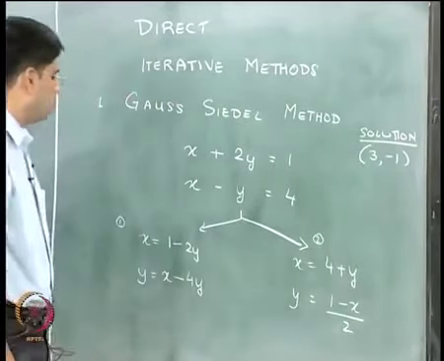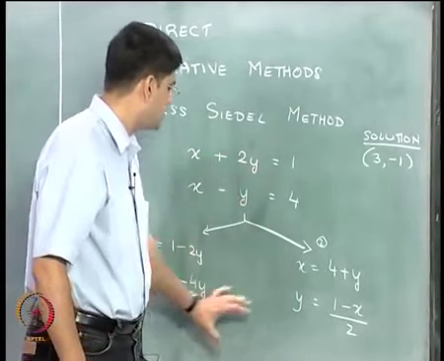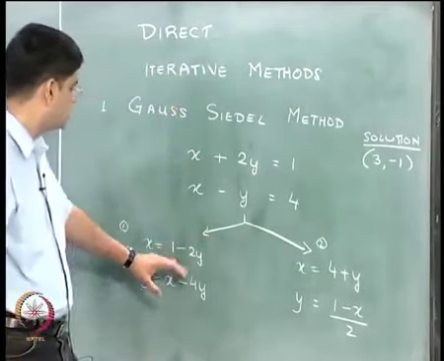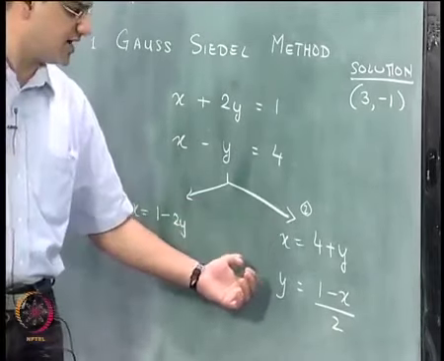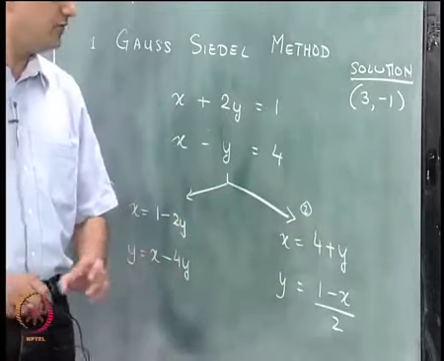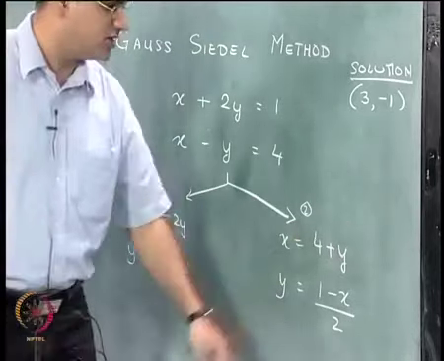So we have done nothing but rearrange these equations such that we have the unknown variables on the left hand side and what we for the time being consider as known variables on the right hand side.